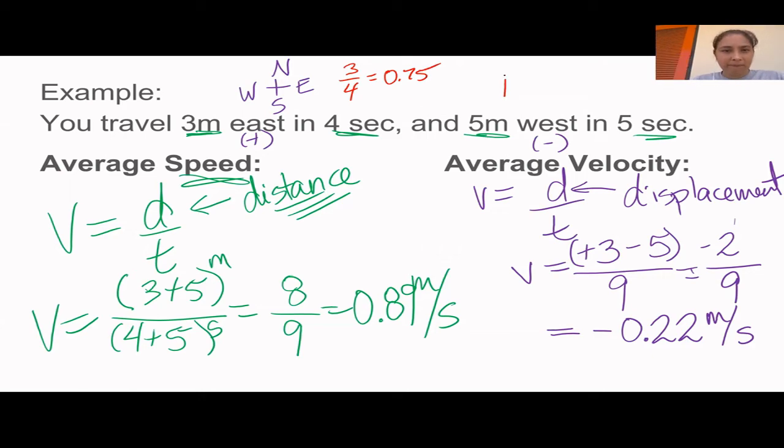And then 5 over 5 is 1. Well, if I average these two numbers together, I don't get 0.89. In fact, I get 0.875. I mean, it's close, but it's not the same. So we don't do this.